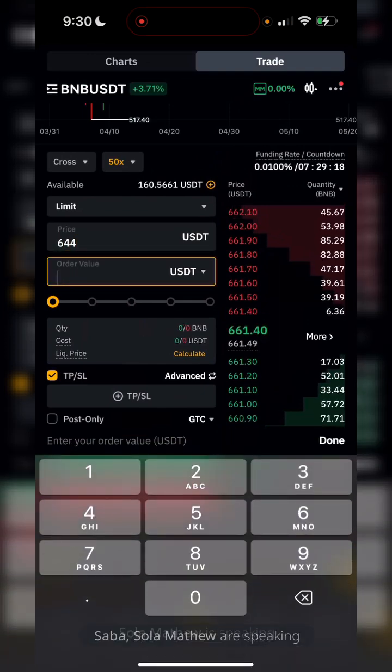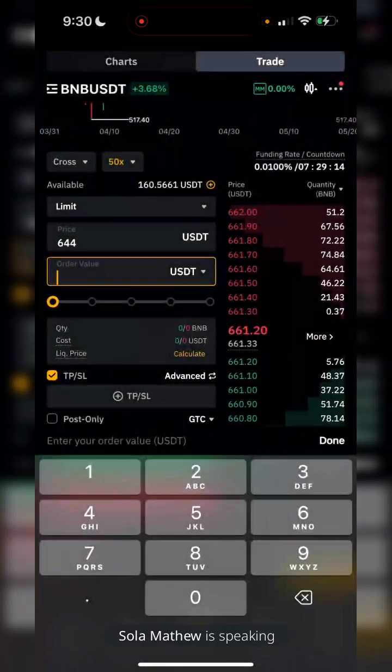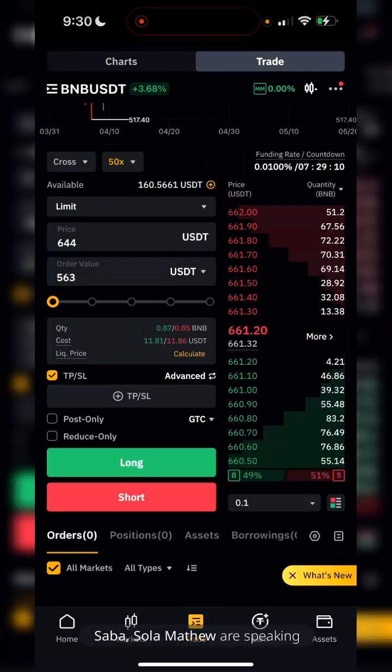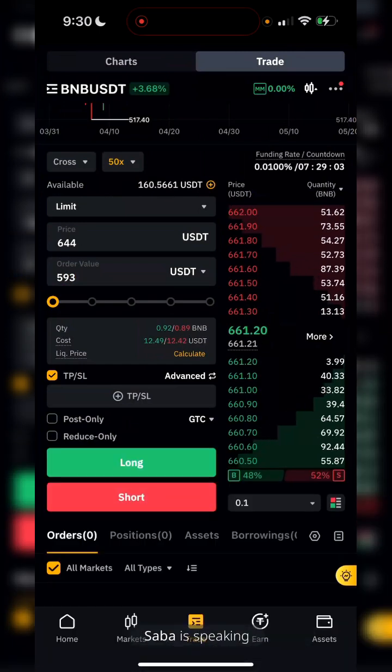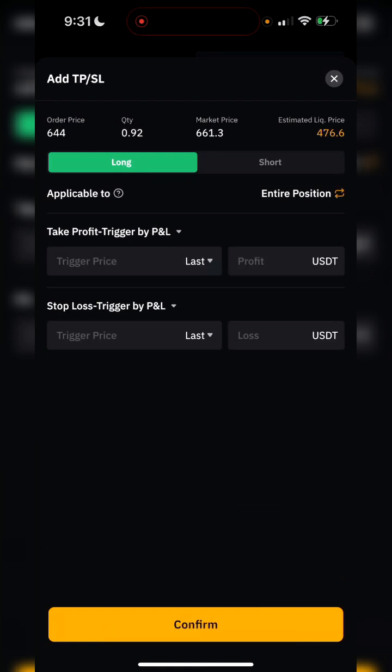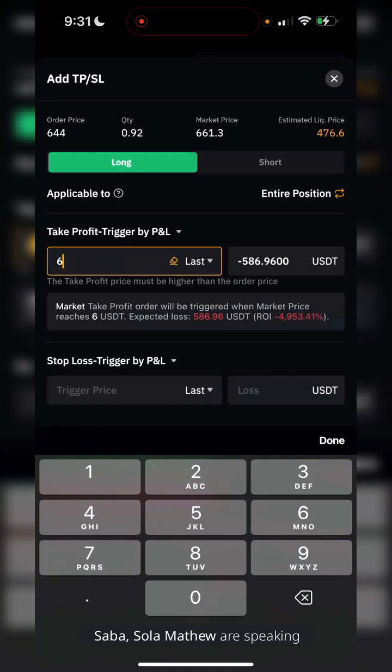And what did ChatGPT say? 593. So come here and put 593. Then you go to stop loss. Remember you are long. So come here, 678.9.